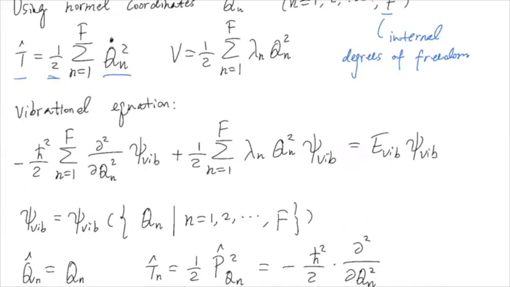The mass here is essentially 1, right? So you do not explicitly write out the atomic mass for atom alpha. It's not in the kinetic energy. But of course, implicitly, it is indeed contained in Qn, because capital Q, the normal mode, is a transformation from the small q, the mass-weighted coordinate.